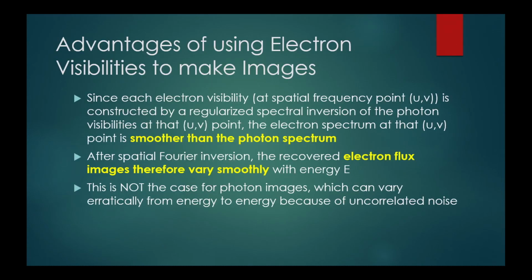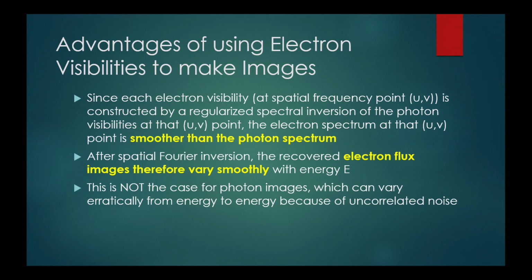To show you that working, here we go. Oh, sorry, quick couple of points. Because you go from the photon UV spectra to the electron UV spectra using a regularized spectral inversion process, the electron visibilities vary smoothly with electron energy, as opposed to the photon visibilities, which don't, because the data are in different bins.